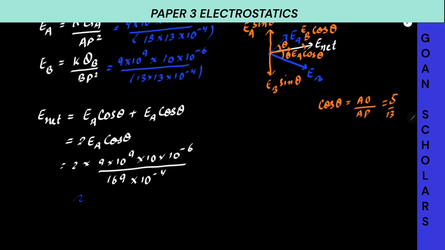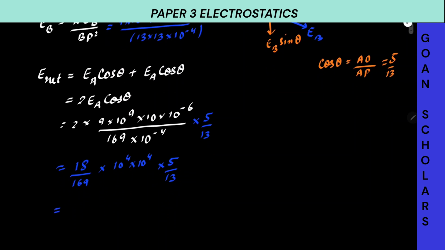So our final result will be 2 9s are 18 upon 169 into, let's simplify the powers, 10 to the power 9 and 10 to the power minus 6 gives 10 to the power 3, and this 10 to the power 4 goes up, so it will make it 10 to the power 8. Let's keep it 4 for the time being. And what is cos theta here? Let's substitute cos theta as 5 by 13. So this will give us 18 into 5, which is 90, upon 169 into 13. 169 into 13 will give us 2197 into 10 to the power 8.